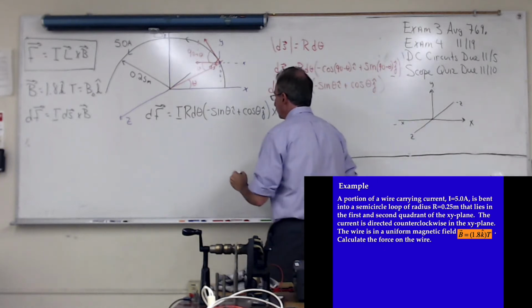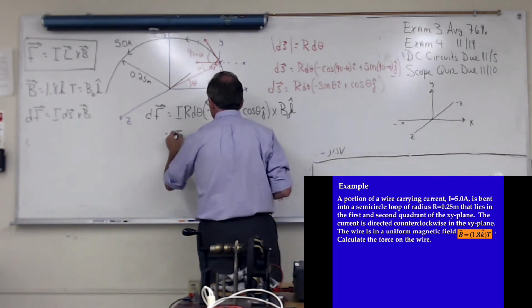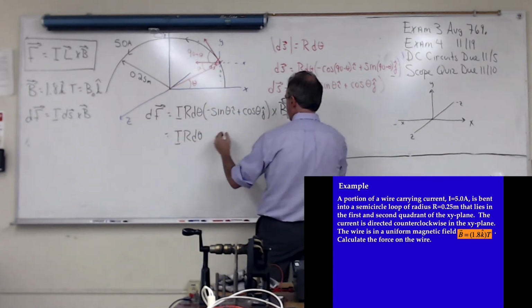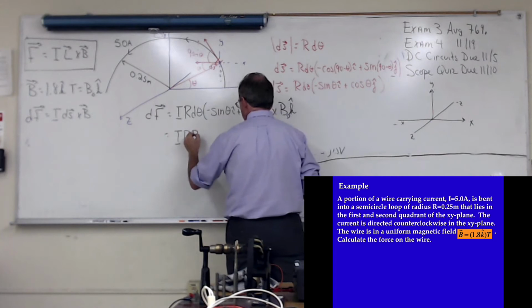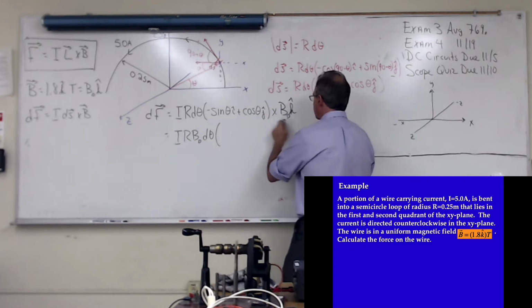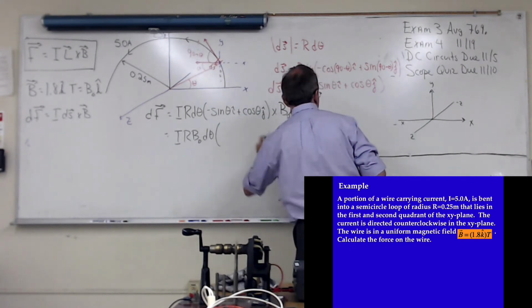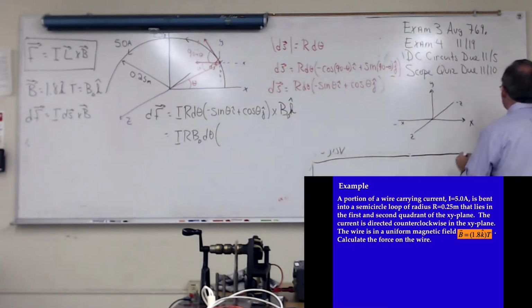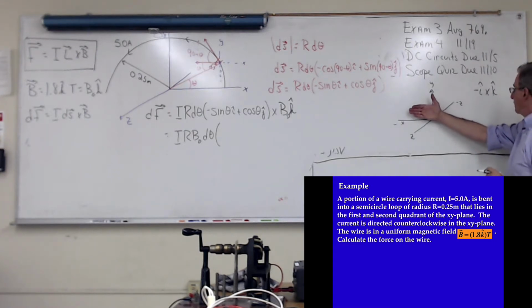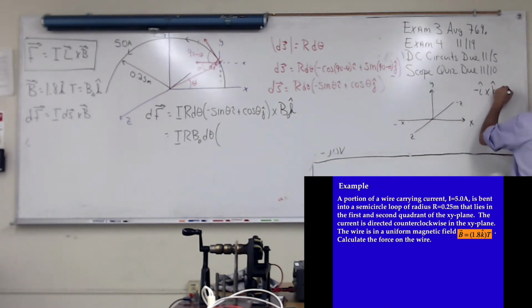So the first thing I'm going to do, I'm going to multiply everything through with a B naught. What's I cross K? I'm sorry, what's minus I cross K? What is that going to be? Put your fingers in the direction of minus I, curl them. Positive y? Positive y. So it's going to be in the j hat direction.